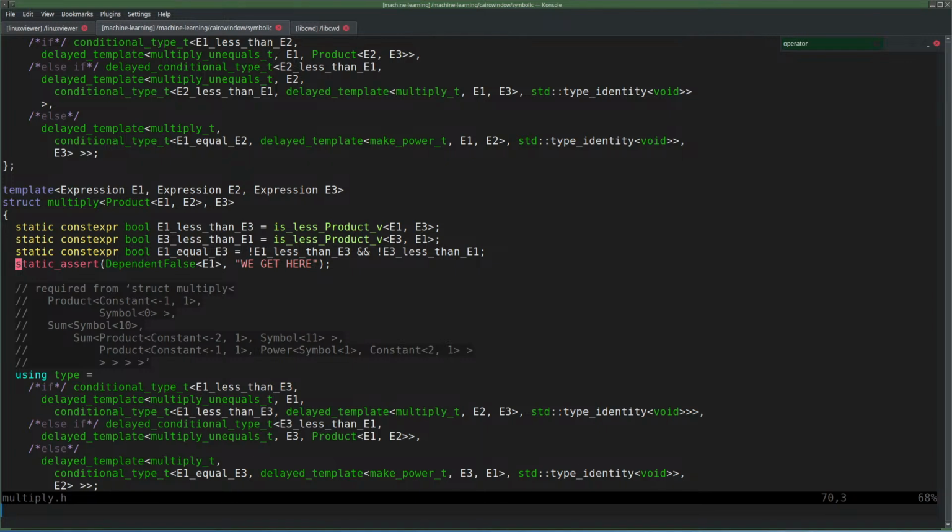How do I add a static assert to instantiation of a template class? It's a question I already had before.